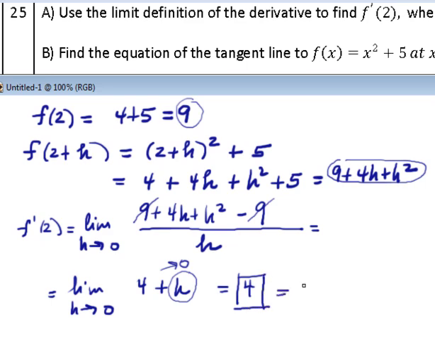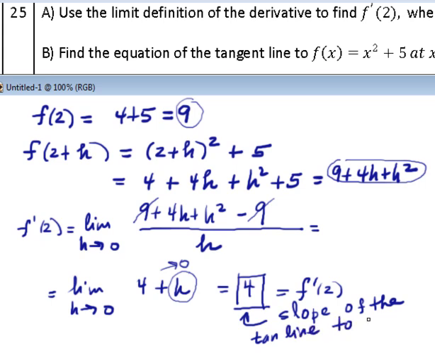So this is equal to f prime of 2. Oops, I mixed up my letters over there. Okay, let me rewrite that. This is the slope of the tangent line to f of x at x equal 2.